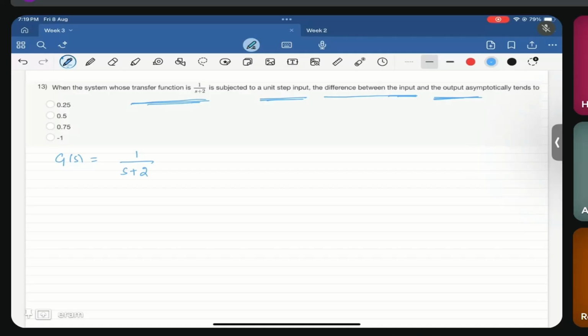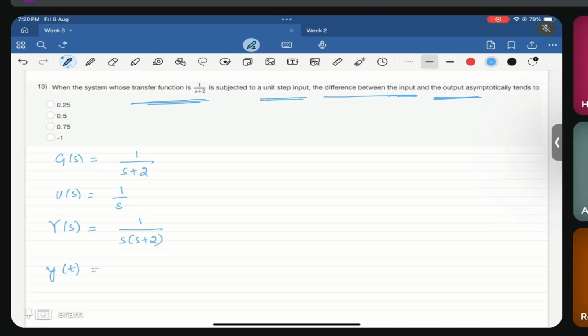So very simple question. The plant transfer function G of s is 1 by s plus 2, and the input is a step input. So what will be Y of s? 1 by s into s plus 2. This is the response. Now find out y of t again.